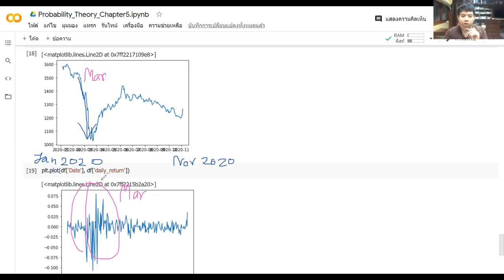You can look at the daily return volatility as one factor to measure volatility, but there is another factor called the VIX index. The VIX index is the implied volatility for the put option on the S&P 500. Shortly, we can say that the VIX index is a fear index.